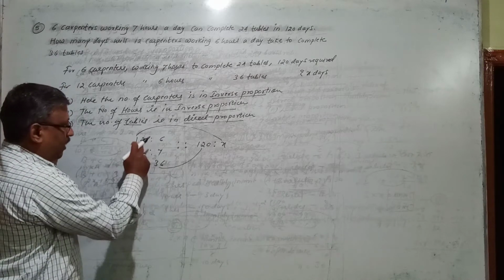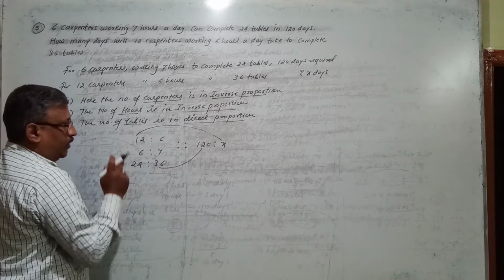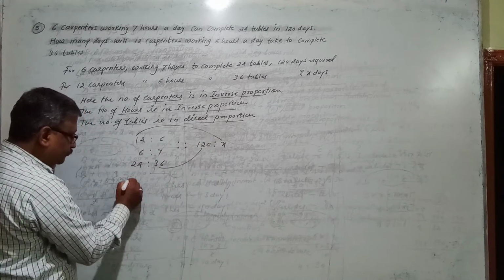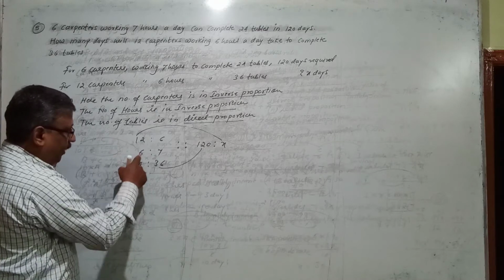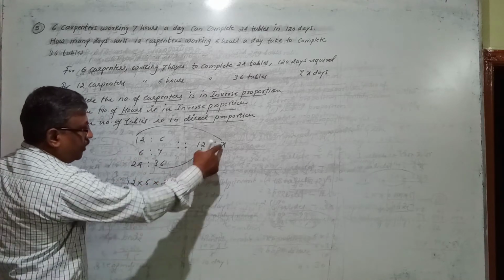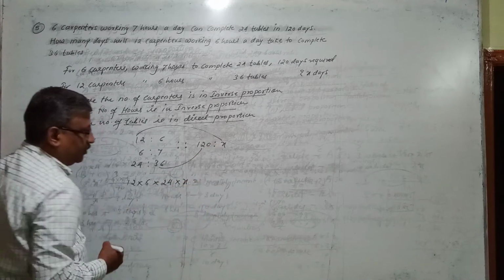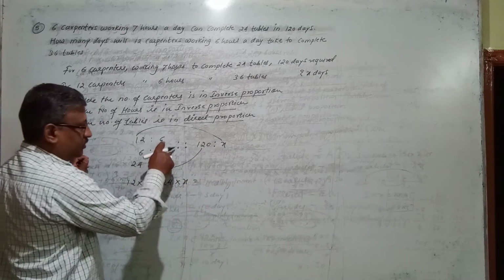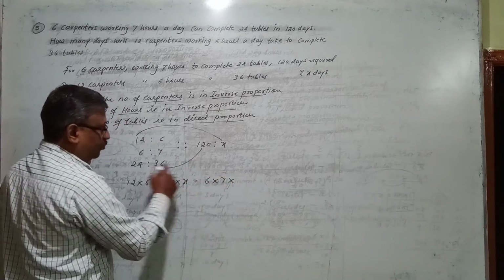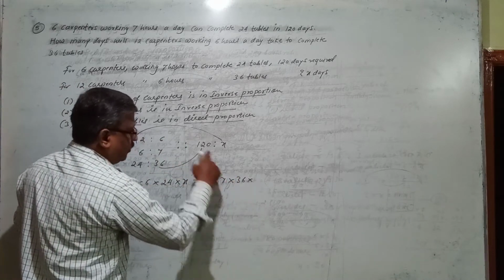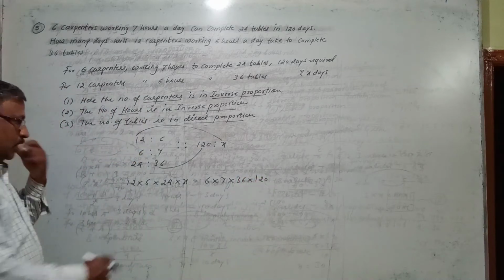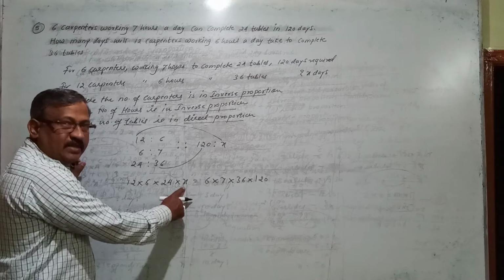So let's multiply. My extremes are 12, 6, 24 and x. 12 into 6 into 24 into x is equal to my means, which are 6 into 7 into 36 into 120. Now what I want here is the x value, so bring this x outside.